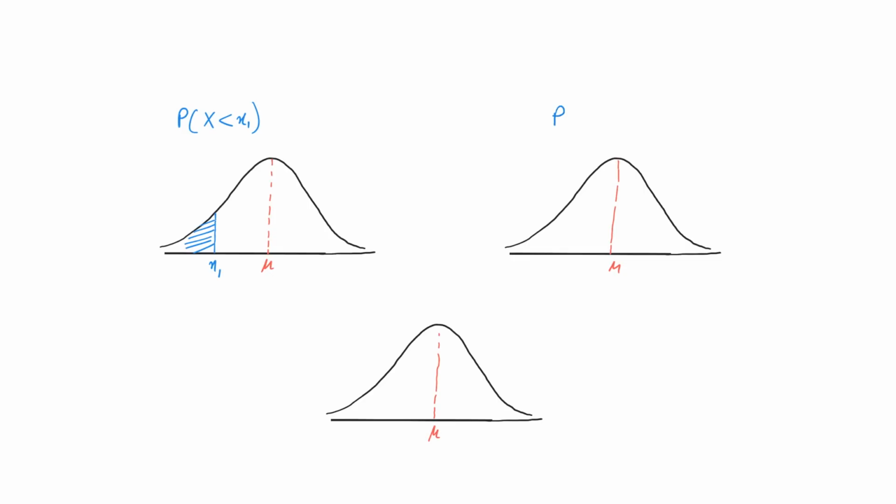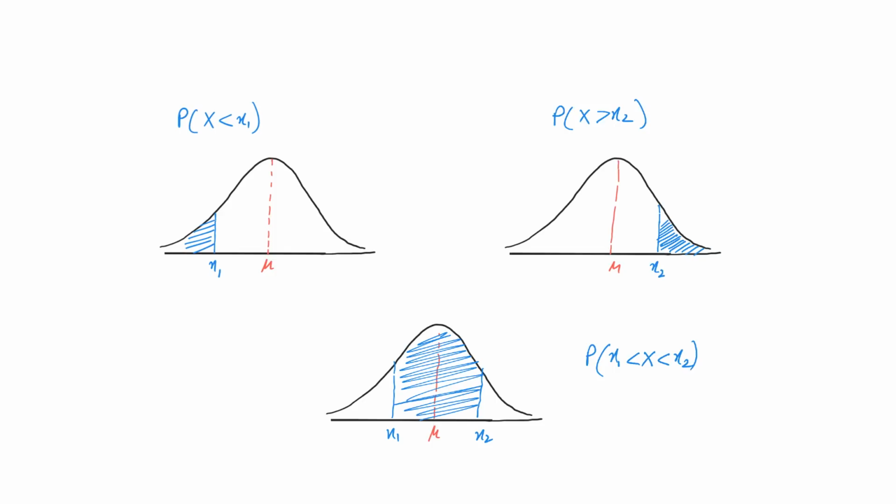If you are asked to find the probability of x greater than x2, and you know that x2 lies above the mean, this is the region; the probability would be given by this area. And if you are asked to find the probability of x greater than x1 and less than x2, and you already know that x1 is below the mean and x2 is above the mean, then we are looking at the area between them.